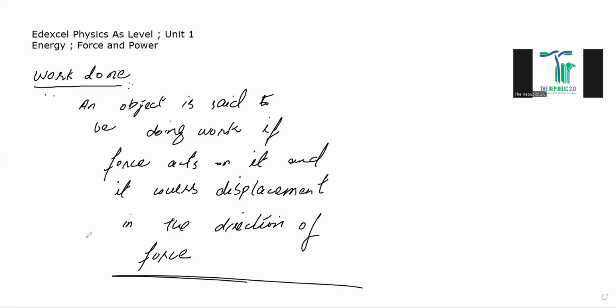That is what you call work done. So whenever you're talking about work done, a force must act on an object and it should be covering displacement in the direction of the force.